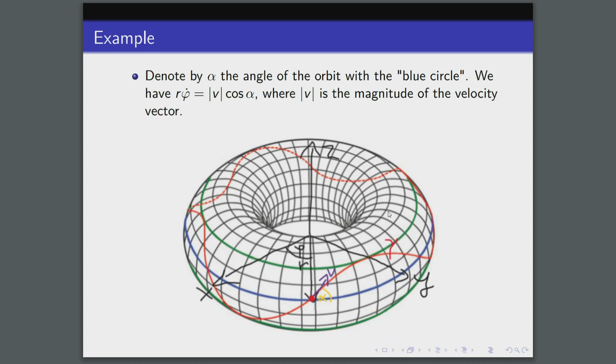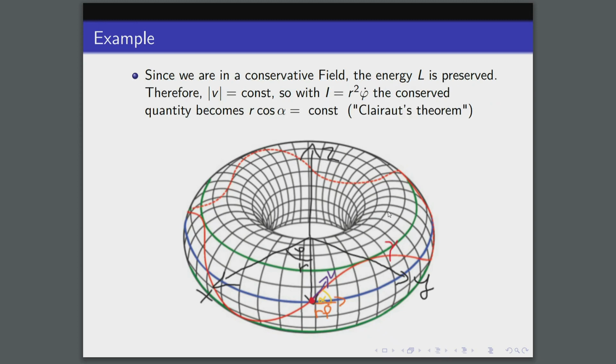And since we're in a conservative force field, as you can remember, we're looking at a natural system, we know by the law of conservation of energy that the velocity itself will not change. So we know this quantity will be the same.